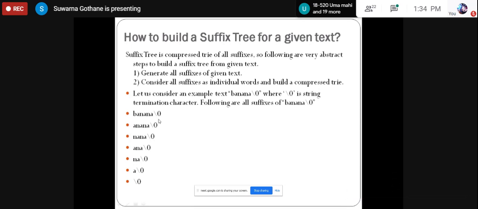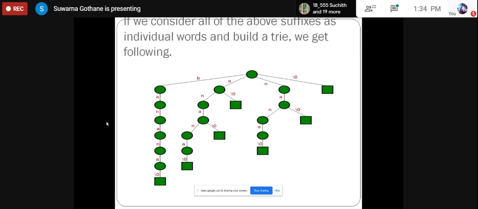Firstly you can obtain a simple trie, then make it compressed. Compress means some reduction, so as to reduce the size and the processing time. So firstly you have obtained all these suffixes, and after obtaining them, you are going to construct a trie.